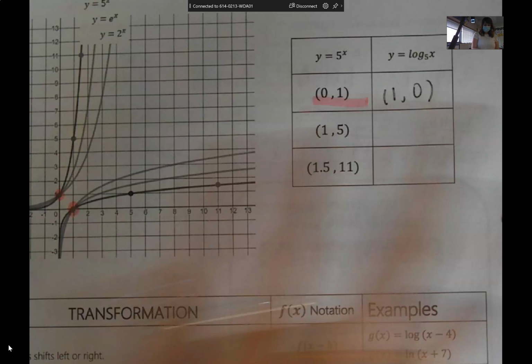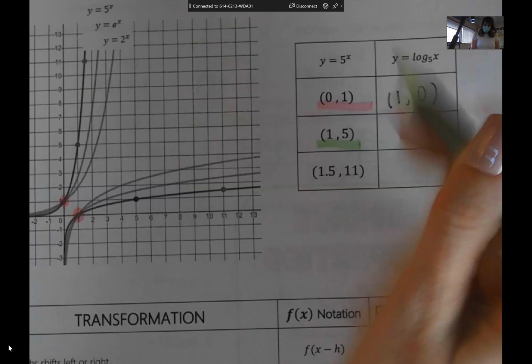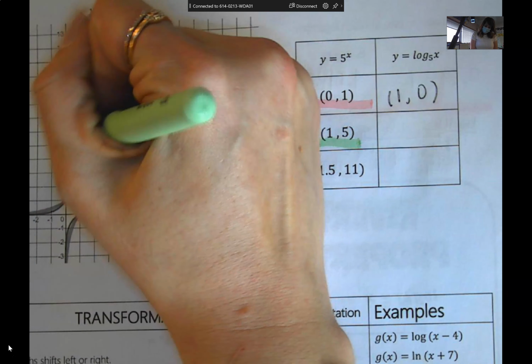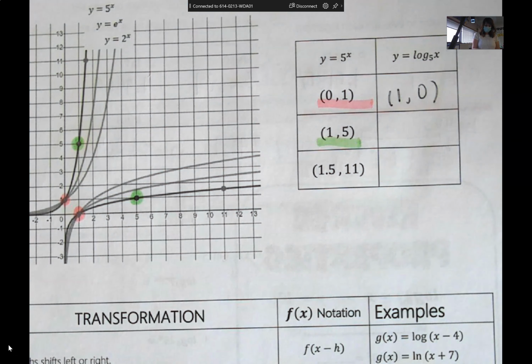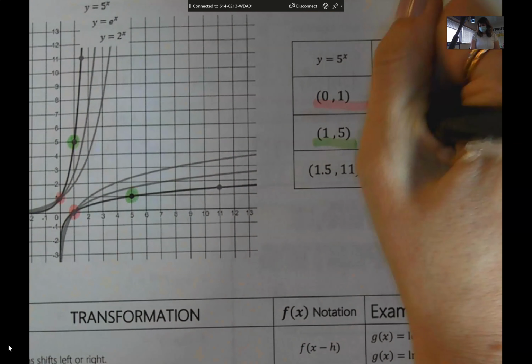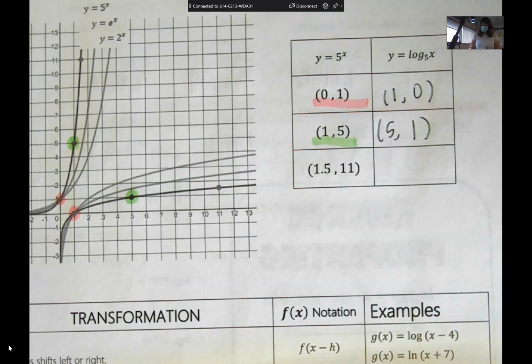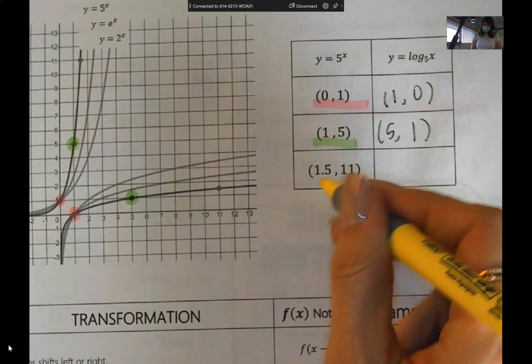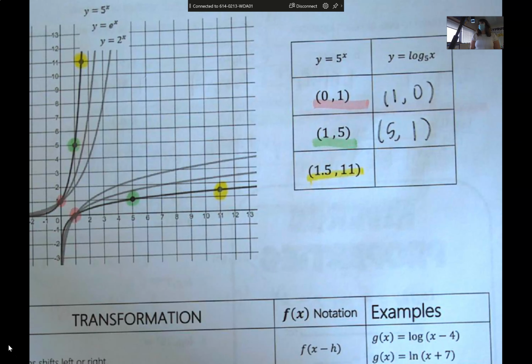You can do the same with (1, 5). So (1, 5) becomes the point (5, 1). And lastly, the point (1.5, 11) becomes the point (11, 1.5).